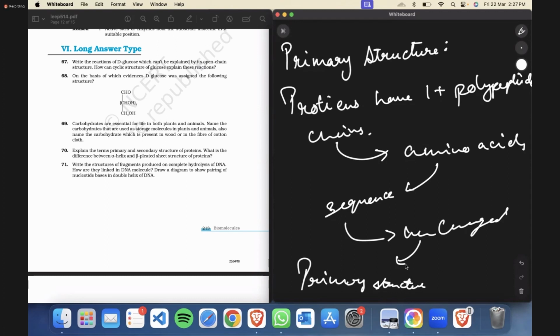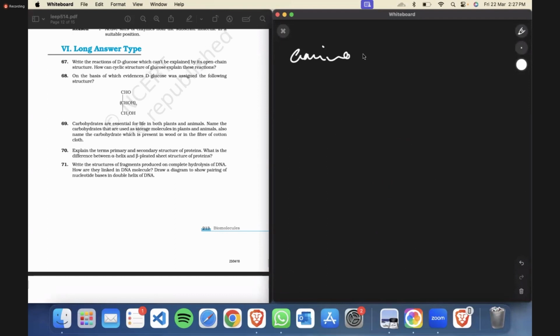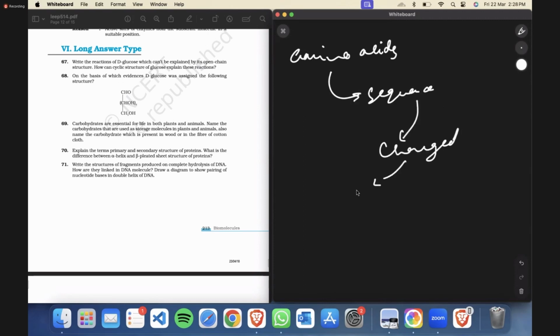Now, if this sequence is changed, suppose there are amino acids and there is a sequence, then you'll get a different protein. Alright. So the primary structure of protein is usually determined by its successive hydrolysis.